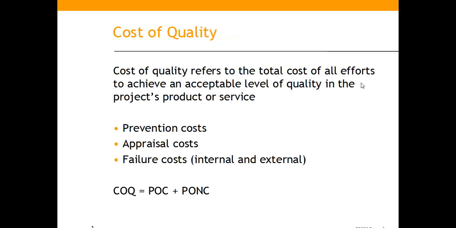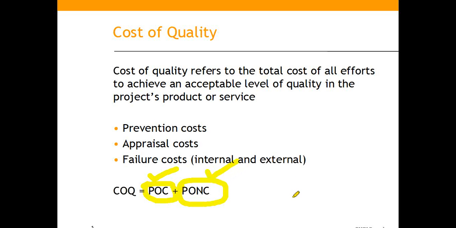The cost of quality primarily has two components, that is the price of conformance and the price of non-conformance. All those activities we are doing to prevent problems from happening come under price of conformance, and they constitute the right training, the right people, the right recruitment, the right procedures, reviews, audits, and the process definition, all those things come under price of conformance.